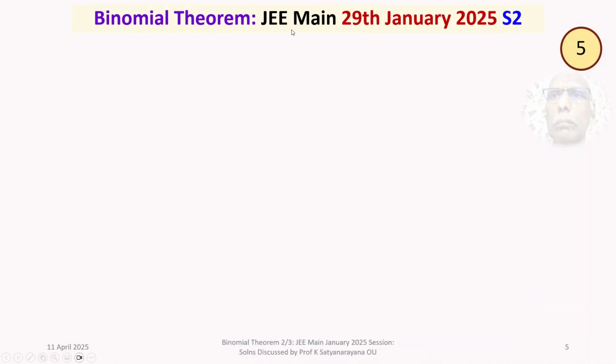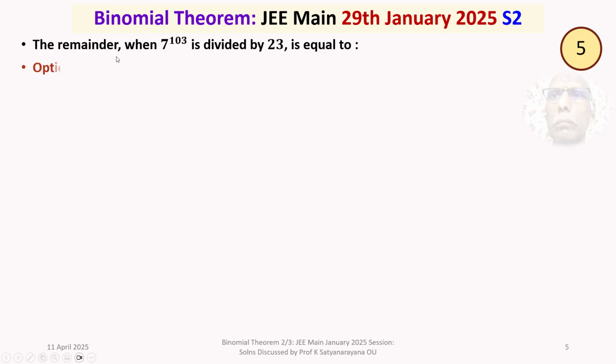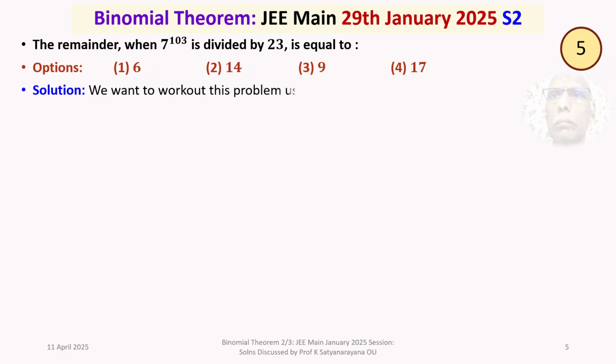This question has appeared in the JEE Main exam held on 29th January 2025 in the second shift. The given question is: the remainder when 7 to the power of 103 is divided by 23 is equal to. We are given four options. Let's now discuss the solution of the problem in detail.